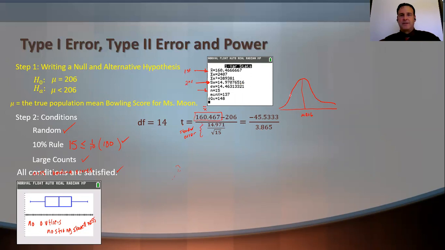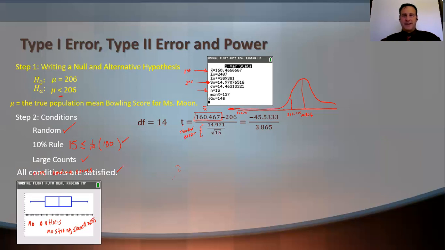So if I subtract over 3.865, that is 202.135. And if you consider where her mean is 160, that's way down here. I'm not even drawing this to scale, but the 160.467 is super far down here, and you are shading based off our alternative to the left. So this says shade to the left, and you can see that there's not much area over there.